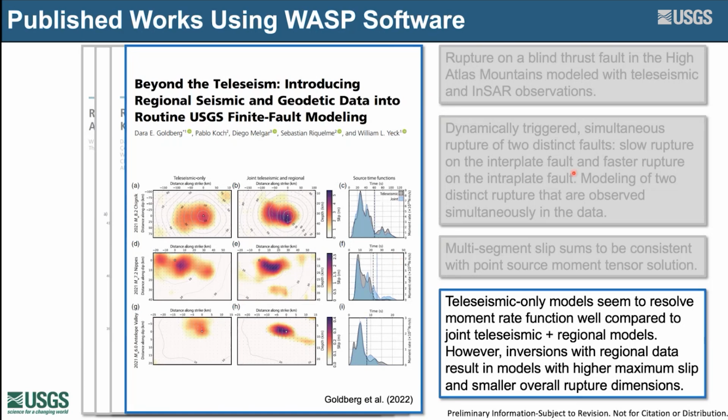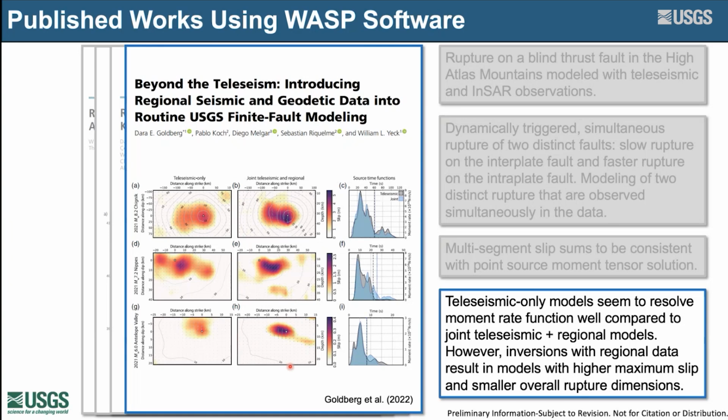However, in terms of slip, there's a significant difference. So on the left here are 3 different earthquakes computed with just teleseismic data, and on the right, those same earthquakes showing both teleseismic and regional data in the inversion.